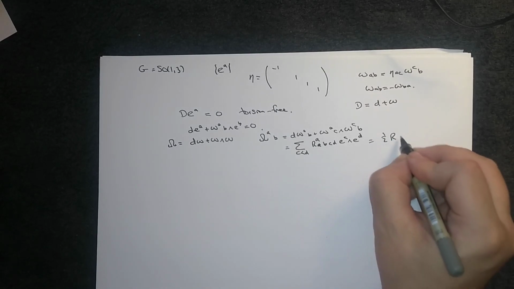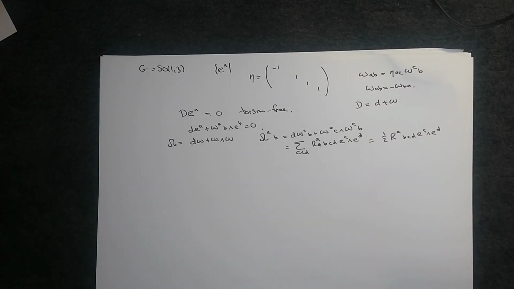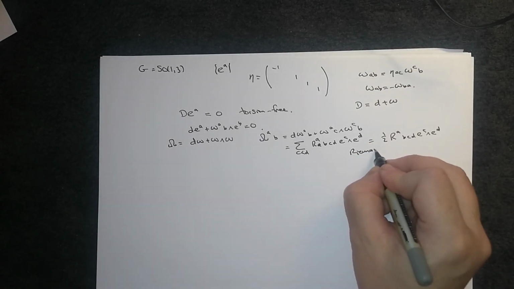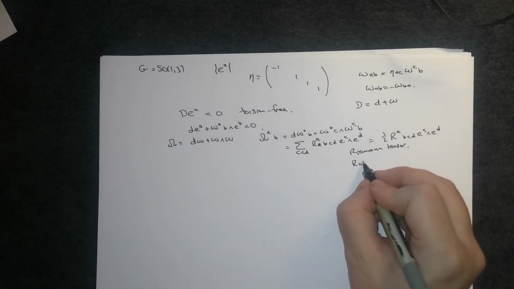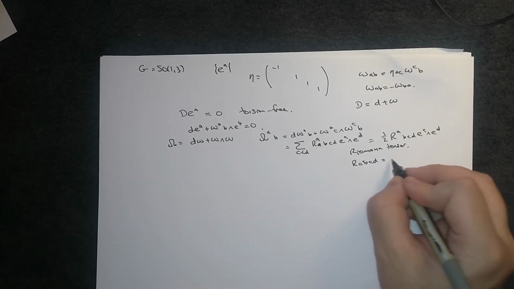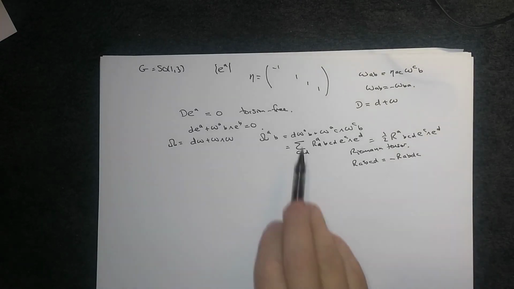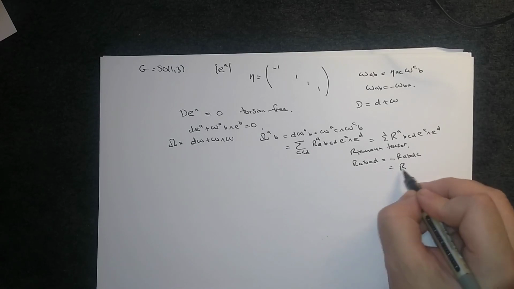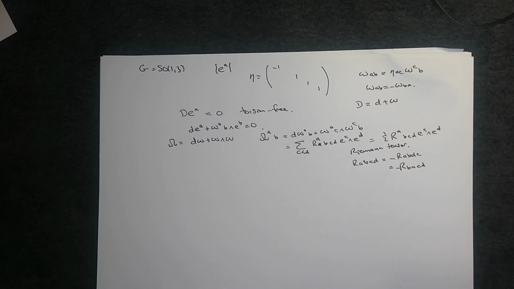That's a half R^A_B_cd E^c wedge E^d, where this tensor here is antisymmetric under the change c swaps with d. So this is the Riemann curvature tensor. And R_ABcd is minus R_ABdc. Because of this, and when I lower this, this is supposed to be elements of the algebra, so that's also minus R_BAcd.